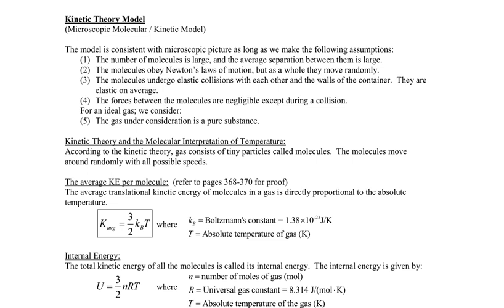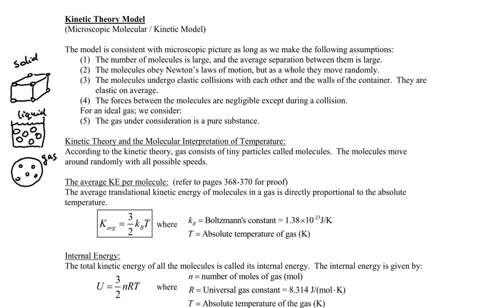Now, by the way, we're assuming that we're looking at matter that is made up of atoms or groups of connected atoms, which we call molecules. If you can imagine matter in the three different states, we have solids, liquids, or gases. In each of the different states of matter, they have different types of kinetic energy.